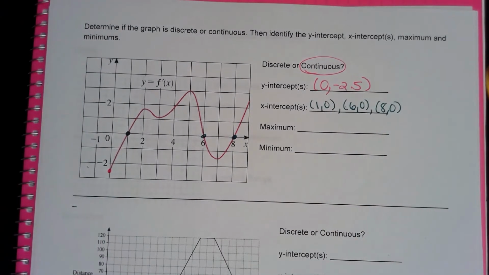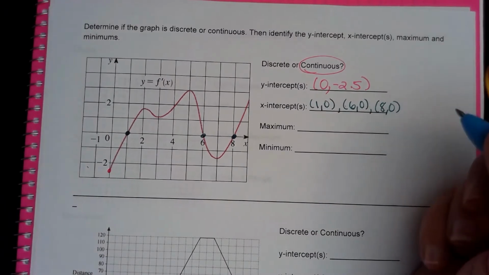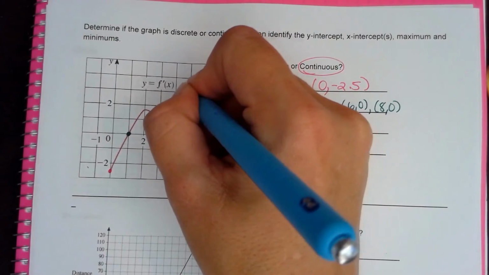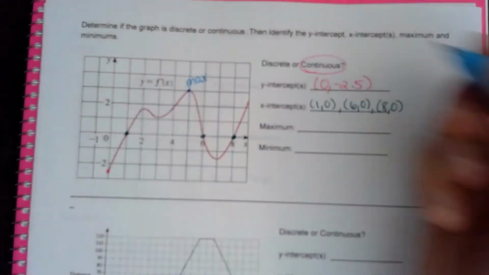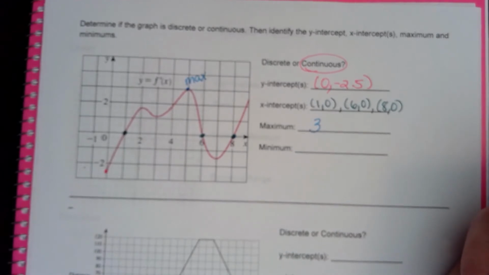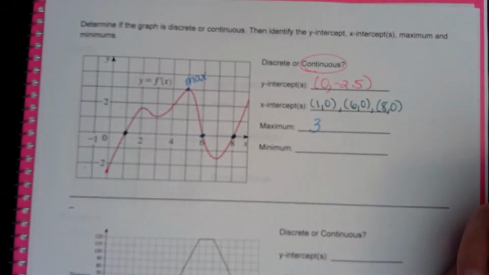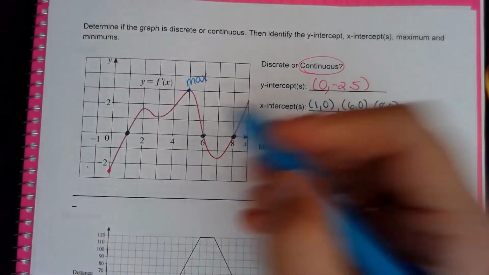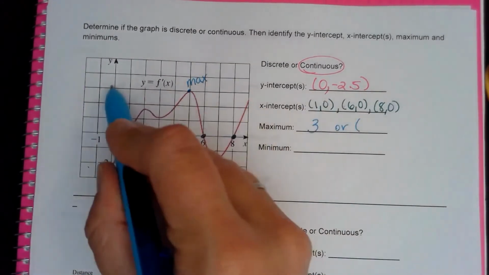Then we need to find the maximum, so the highest point. And here is our maximum. So the maximum is at 3. Or if it had said, where is the maximum? You would have put the ordered pair of 5, 3.